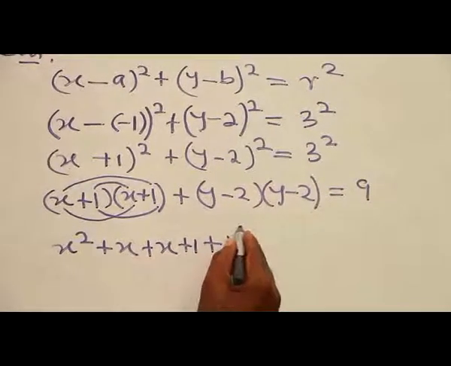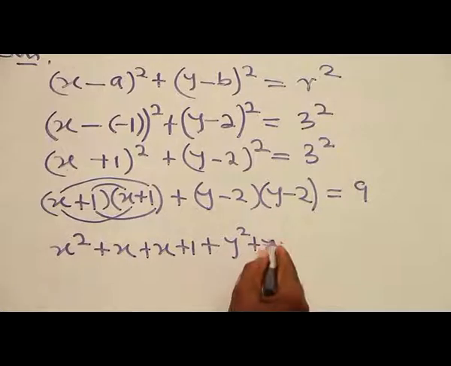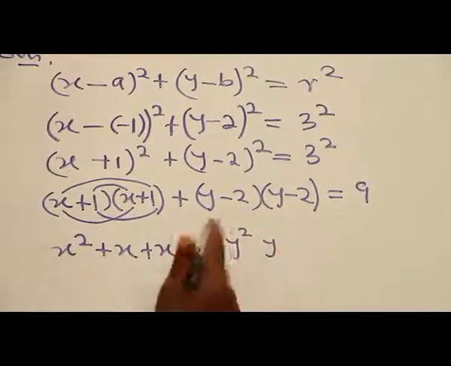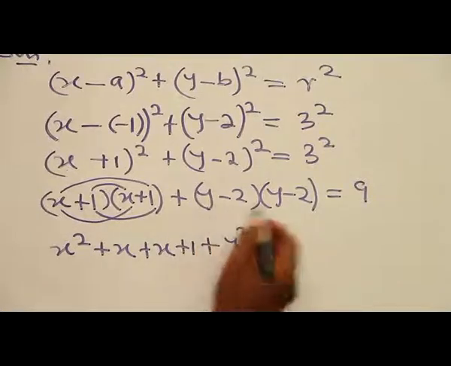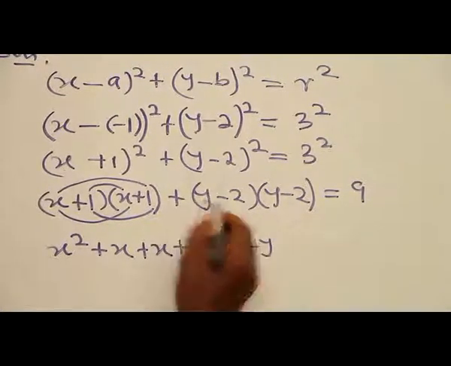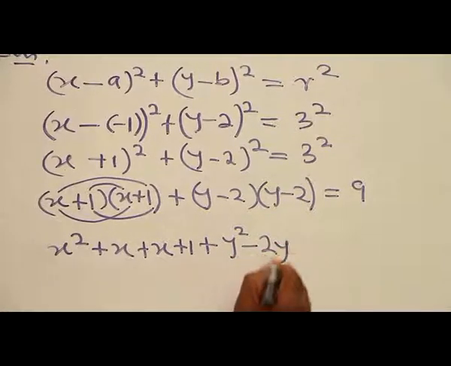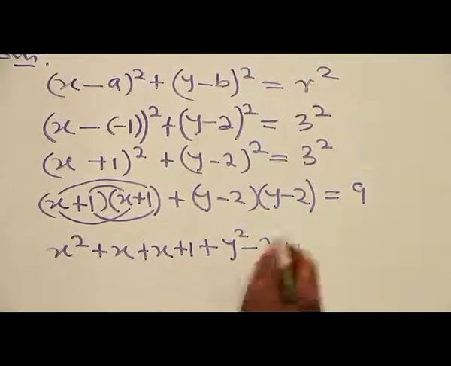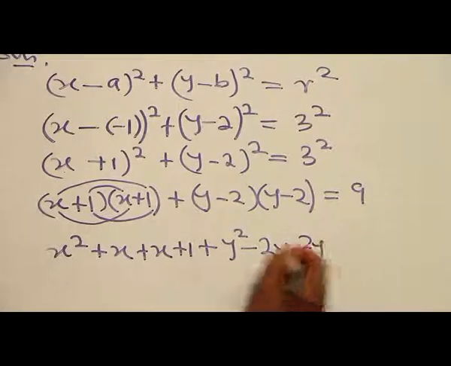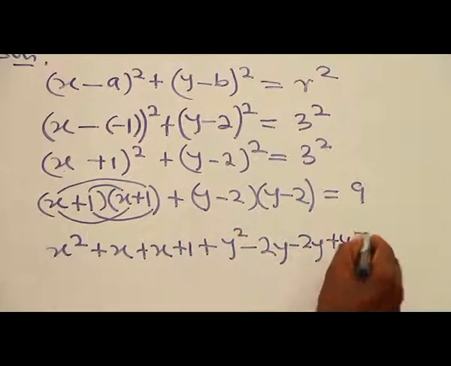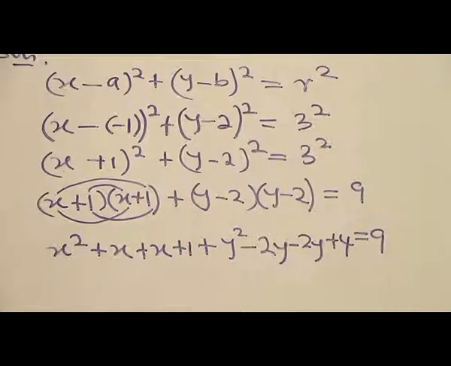It will now produce y squared. We multiply this again. y times minus 2 will give you minus 2y. And then minus 2 times y will give you another minus 2y. And minus 2 times minus 2 will give you plus 4. Everything is equal to 9.